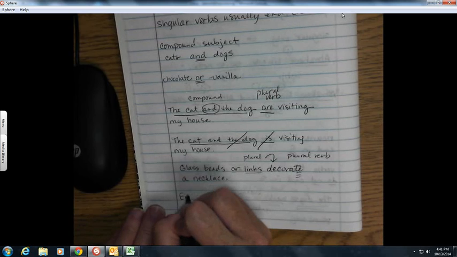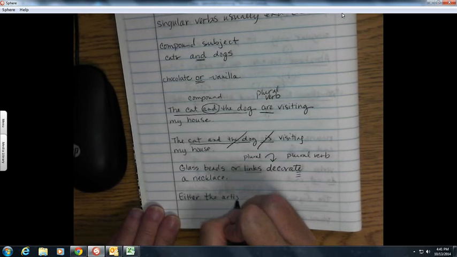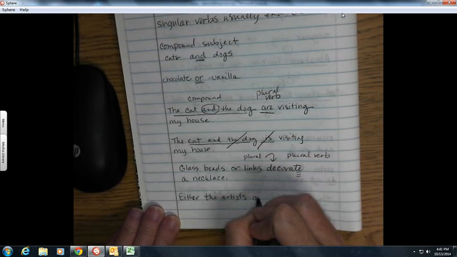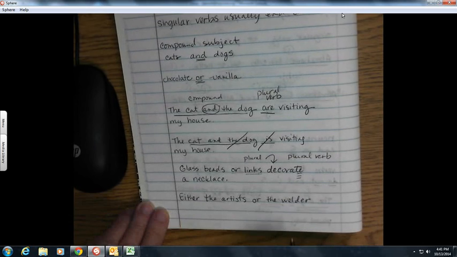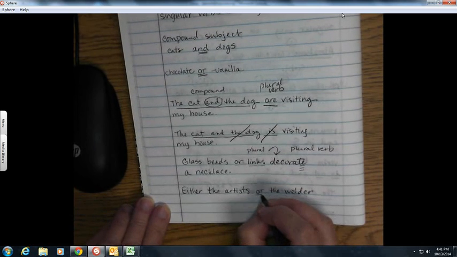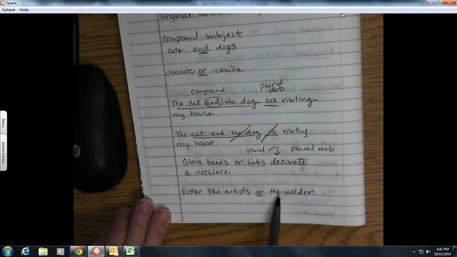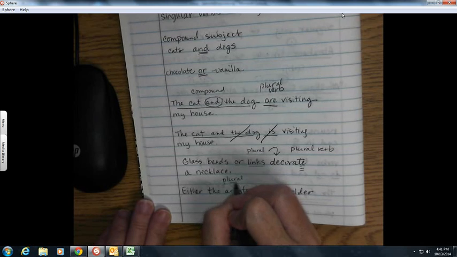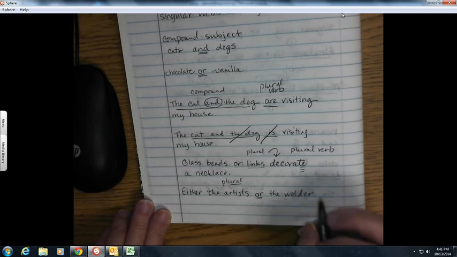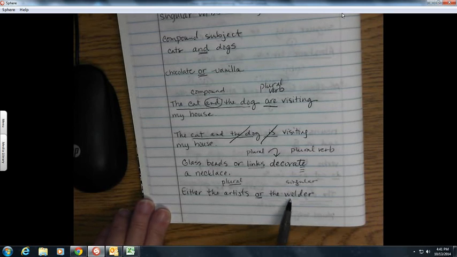Either the artist or the welder. So my compound subject uses the word or. There are two pieces, the artist or the welder. Artist is plural. There's more than one. Welder, there's no S, that's singular. So now we have to decide what verb should be next to it, singular or plural. Well, I told you the rule with or.